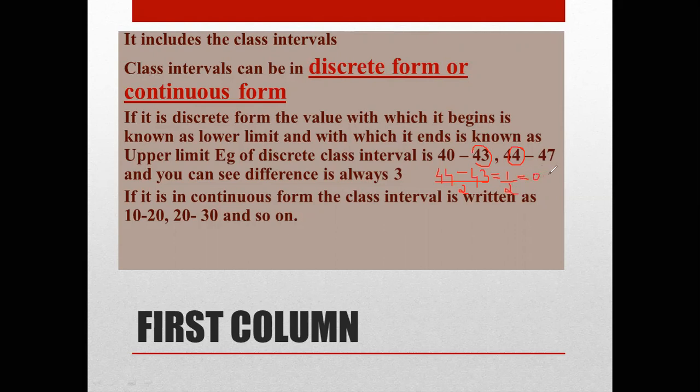Now this adjustment factor, what you are going to do is subtract and add. From the lower limit you will be subtracting. Always remember: lower limit subtract, upper limit add. So when you subtract 0.5 from 40, you will get 39.5, the new class limit. I'm just writing it here, children. So 39.5.